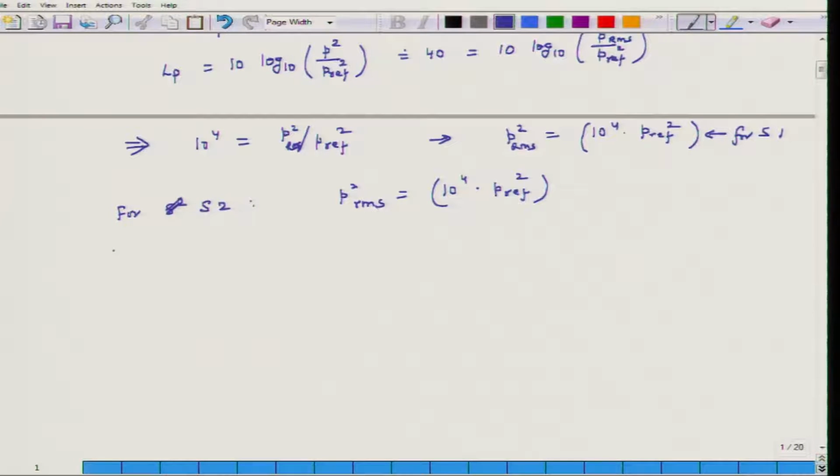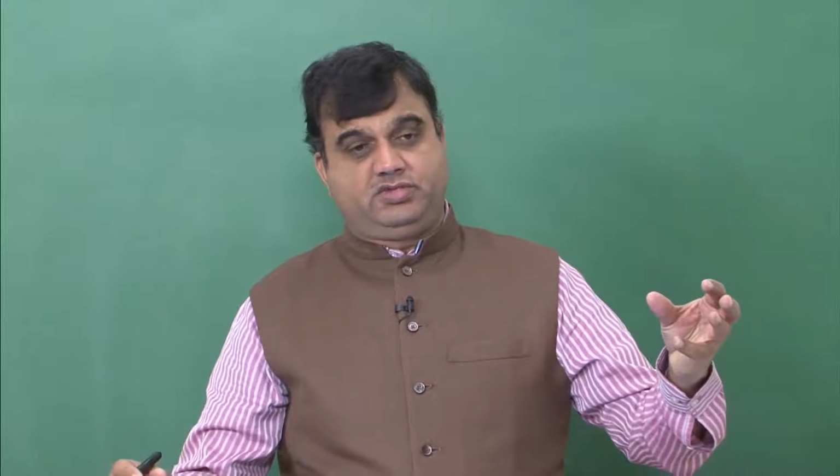So now power is proportional to this term for the second source and power is proportional to this term for the first source. So, why am I adding up total powers? I have two sources, one is emitting P1 watts of power, another one is emitting P2 watts of power.